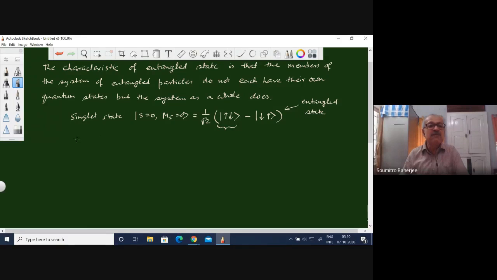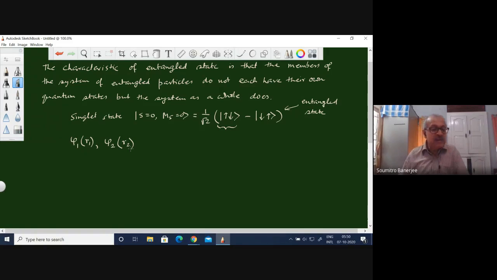For example, if you have the psi of the first particle and the psi of the second particle, these two are defined, and this is defined by the position vector, say r1, and this one is defined by the position vector, say r2.